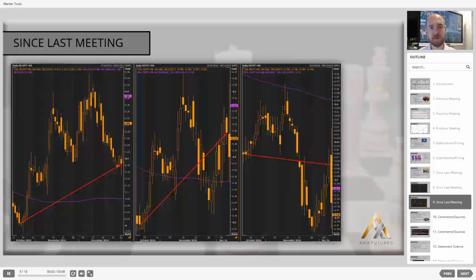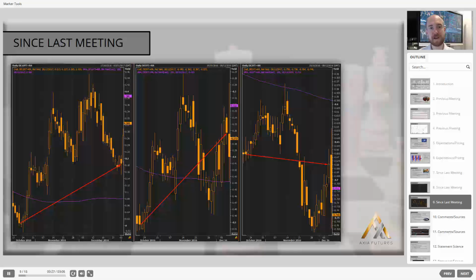Okay, so let's move on to having a look at different markets. What I've got here for you is German bond yields. We've got a 10-year bond, a 5-year bond, and a 2-year bond. Now, the red line's indicating where they were at the previous meeting and to where they are now. As you can see, 10 years and 5 years have both risen.